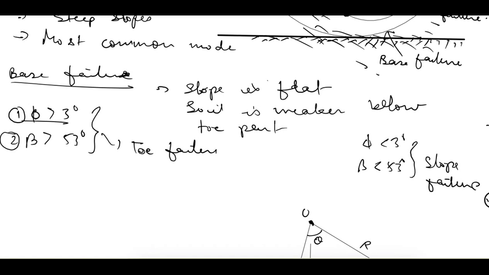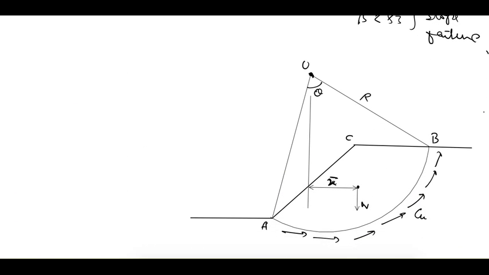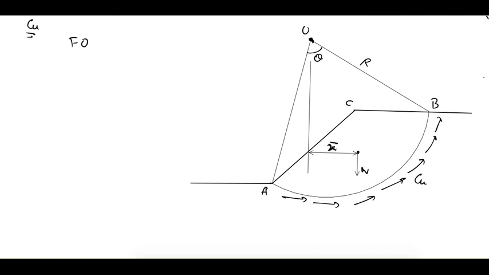Now let's see how we check the stability of soil on a finite slope. First we will see cohesive soil that is frictionless, so phi is equal to 0, and the cohesion is given as undrained cohesion, that is Cu. What we do in this case is find the factor of safety along the slip surface. This is one of those slip surfaces.